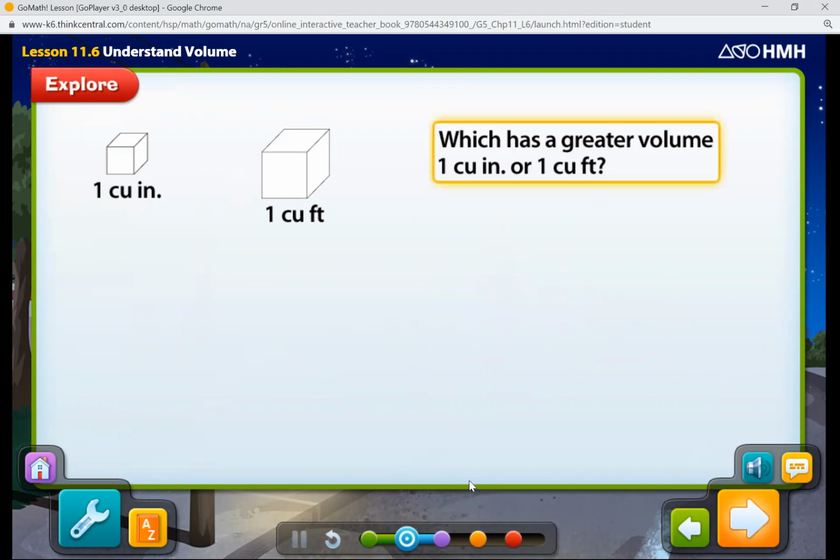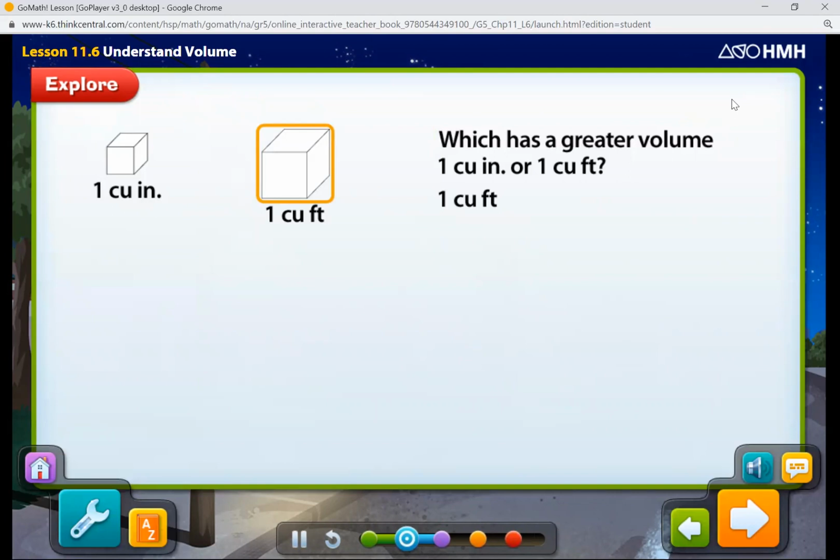A foot is bigger, and you can clearly see using these cubic units, this one's quite a lot smaller. If there are 12 inches in a foot, I'm wondering if 12 cubic inches will fit inside 1 cubic foot. Feet are greater than inches, so 1 cubic foot would have a greater volume.